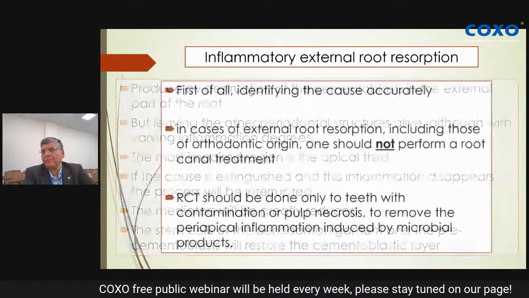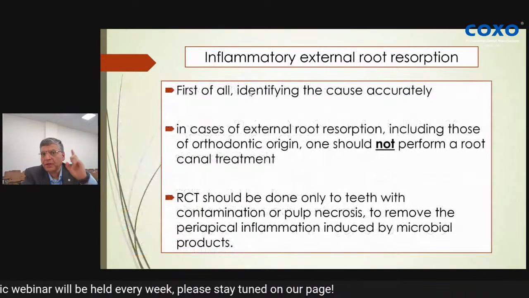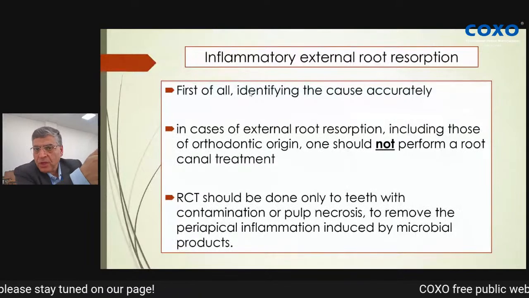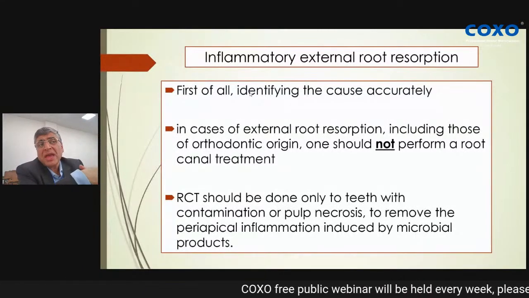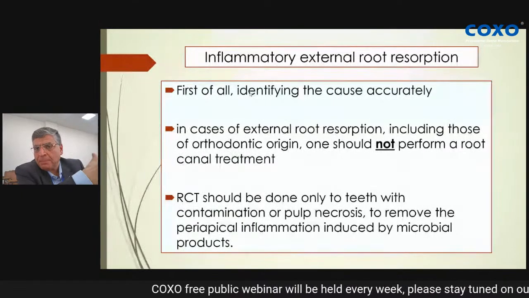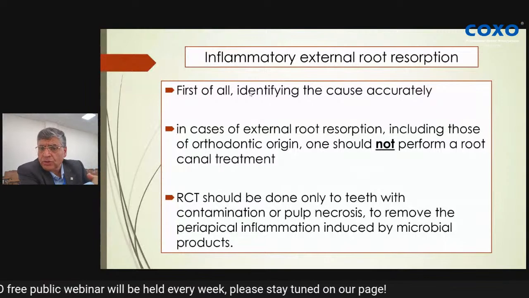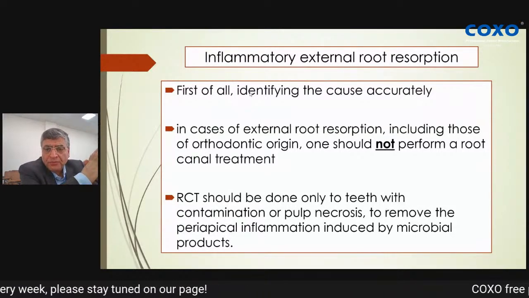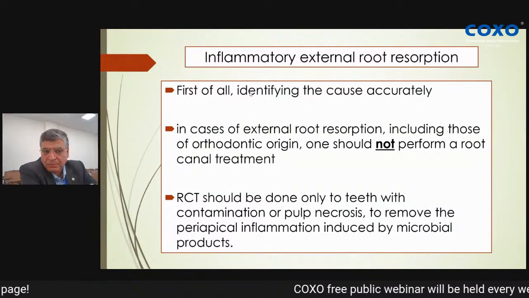So if we have inflammatory external root resorption, first of all, identify the cause accurately. This cause can be infective, it can be previous trauma, or it can be extra force applied during the orthodontic treatment. In case of external root resorption, including those of orthodontic origin, we need to be very careful, and it is not necessary to perform a root canal treatment immediately.